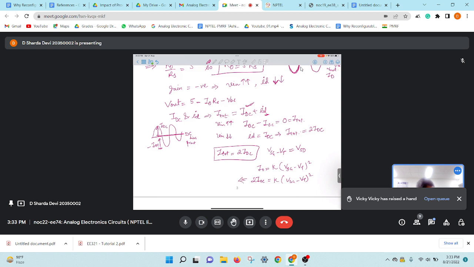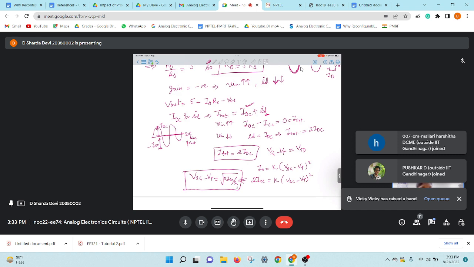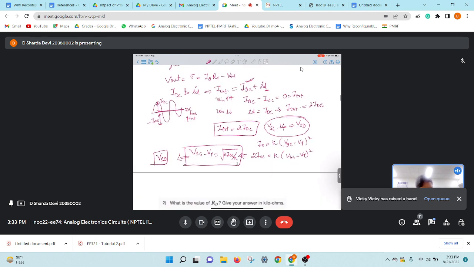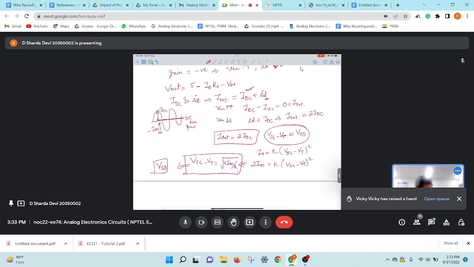So from here we get VSG minus VT to be square root of 2 IDC by K. For this to be the minimum condition for our MOSFET to be in saturation, this is actually equal to VSD. Now if I write the expression for VSD, VSD is 5 minus ID times RS plus RD, right? This is clear?